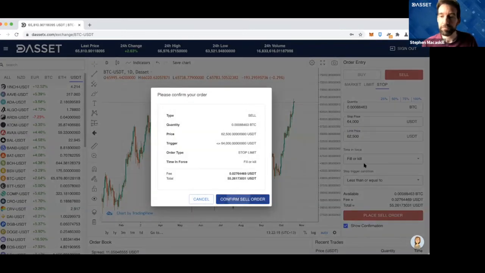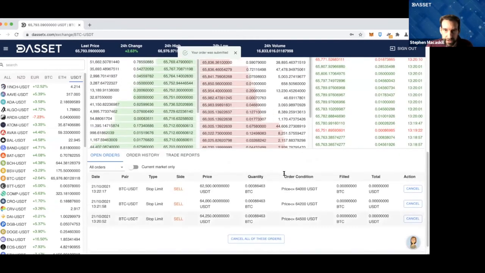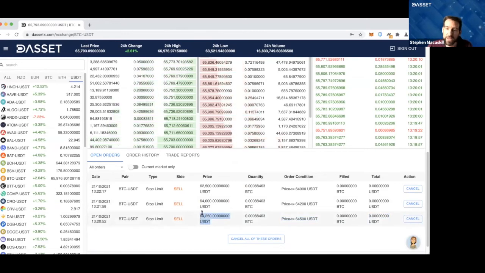So if the price hits 64,500, I'll submit a fill or kill order at 64,250. But if the price has already dropped below that, then the order won't fill. That's why I'm doing the fill or kill.